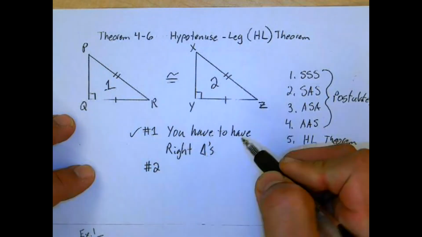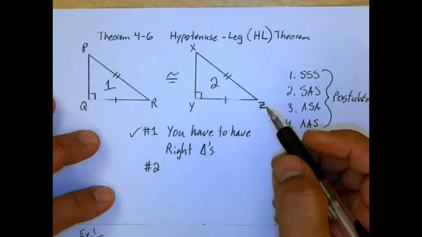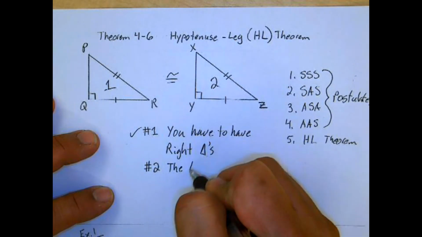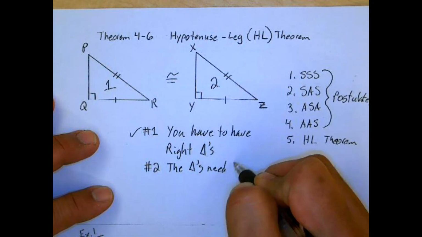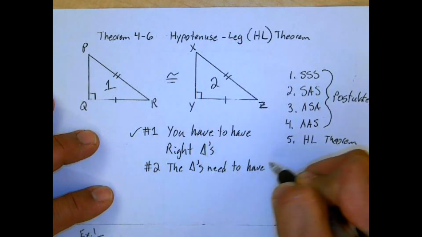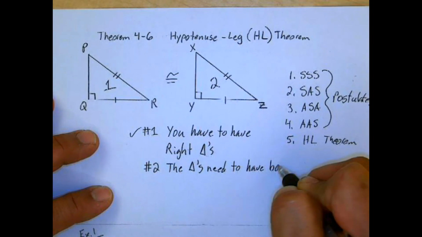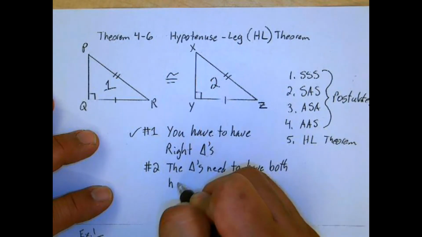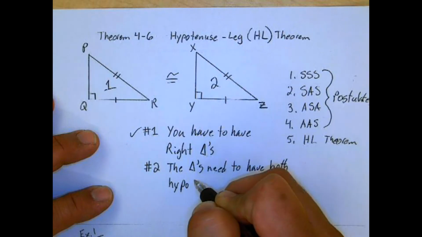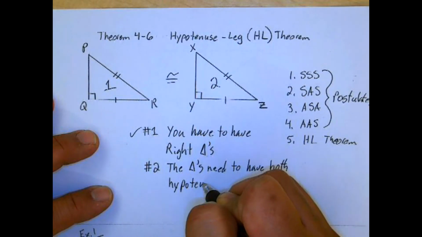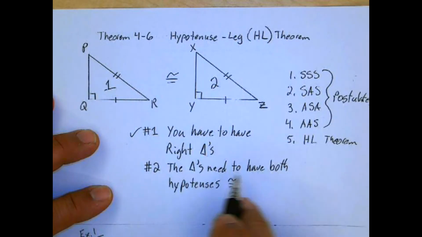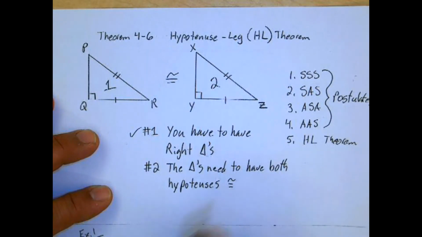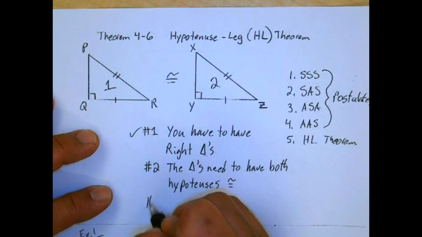They are both right triangles, so that's a good thing. Okay? The second thing you got to look for is the fact that the 2 triangles need to have both hypotenuses, yes, that's a word, hypotenuses congruent. Okay?